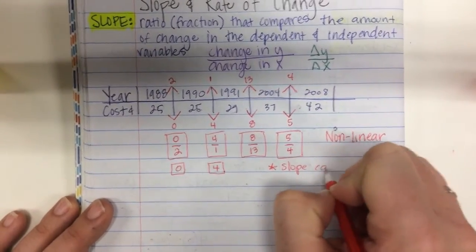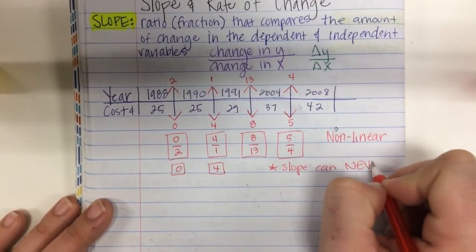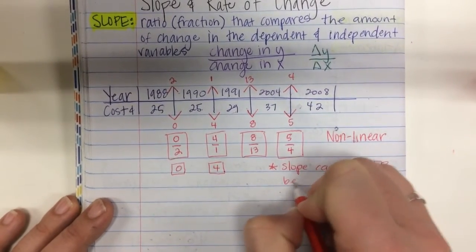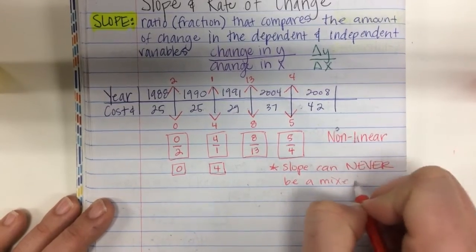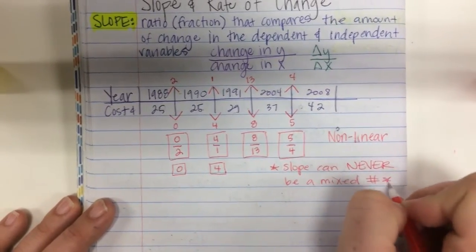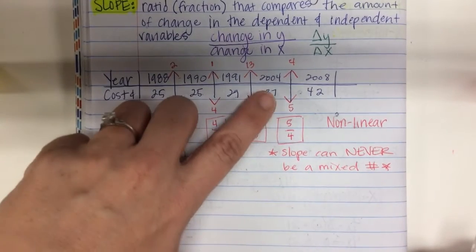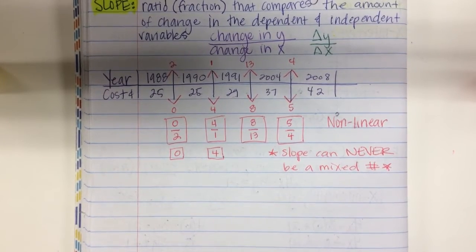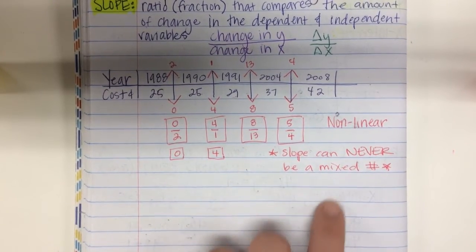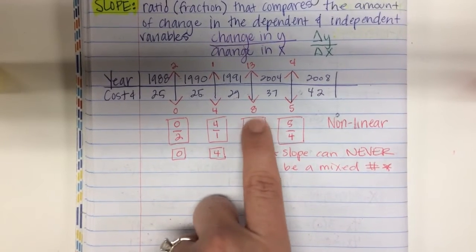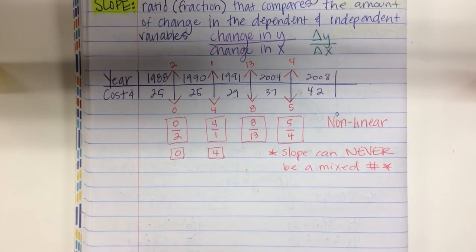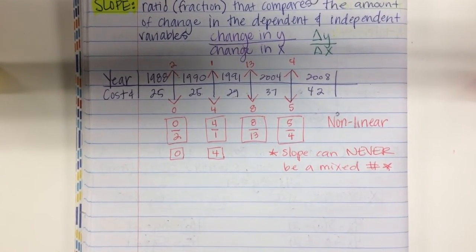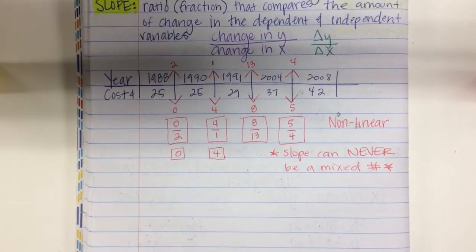Slope can never be a mixed number. 5 over 4 stays 5 over 4. If this could be simplified, it'd be best to simplify it into its simplest fraction, just because it's less work in the long run. But never simplify it to a mixed number.